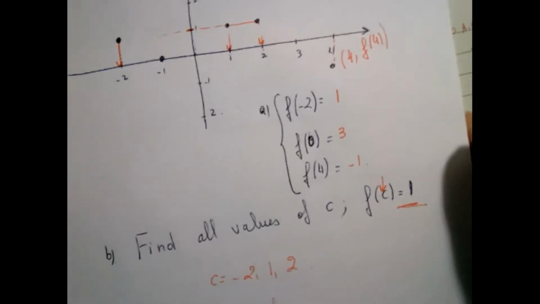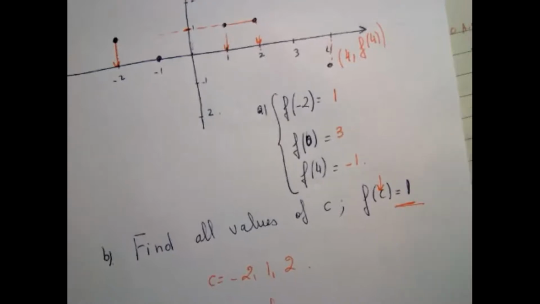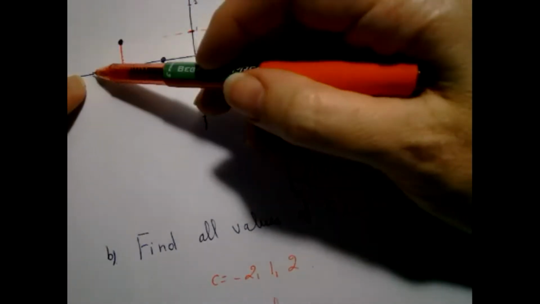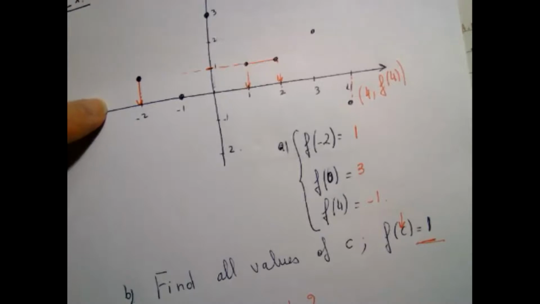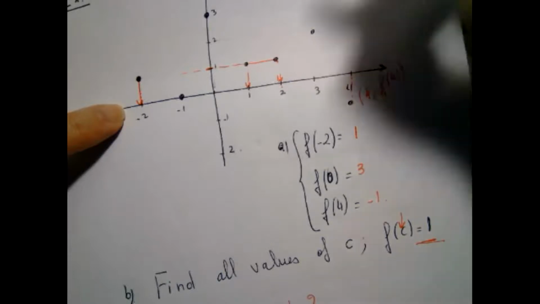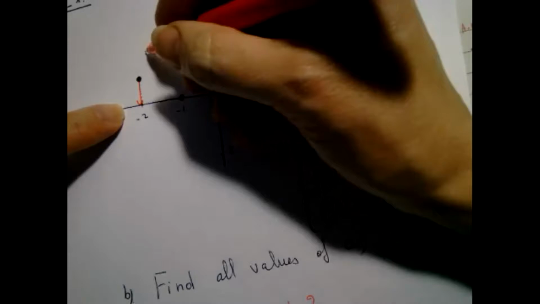Let me ask you a question. Is -3 an input value? Do you have an output for -3? No. Is -2 an input? Yeah. Is -1.5 an input? No, because -1.5 is here. There is no graph here.